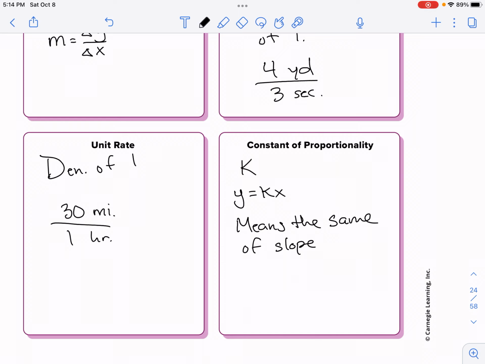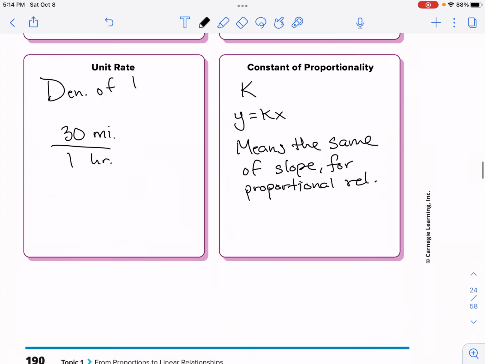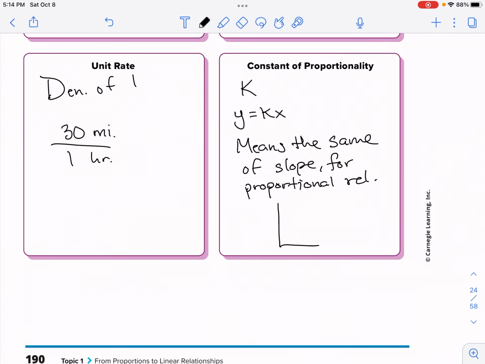The only thing is that this is specifically for proportional relationships (REL), so it's got to go through the origin. And the last thing, I'm going to draw a teeny tiny graph of an example of a proportional relationship. It's just a straight line that goes through the origin. Okay, we'll end it there. All right, thank you.